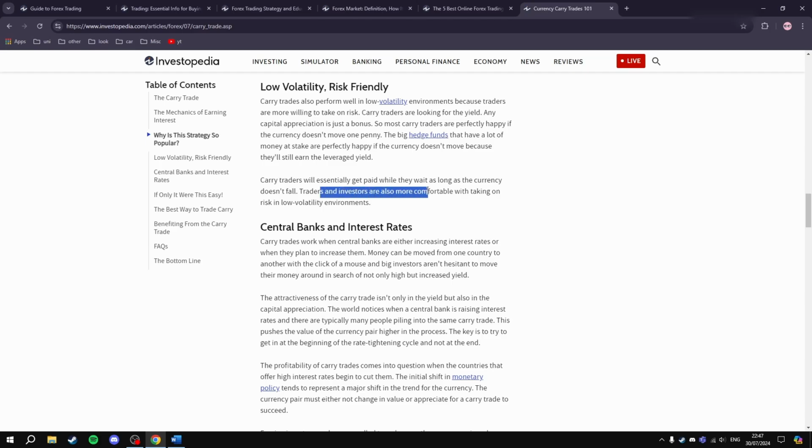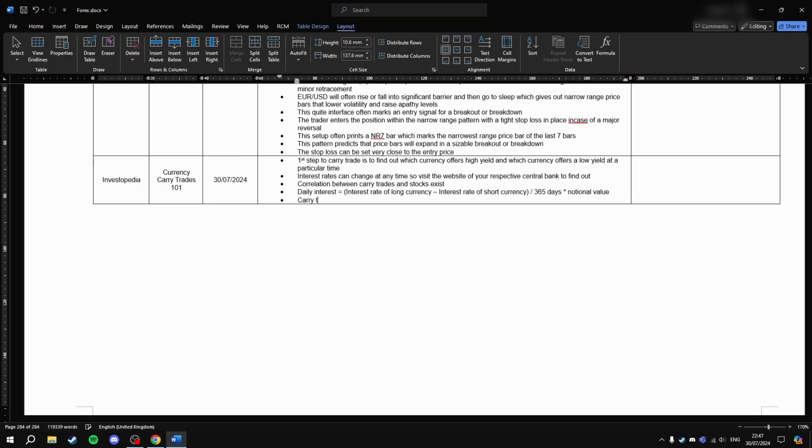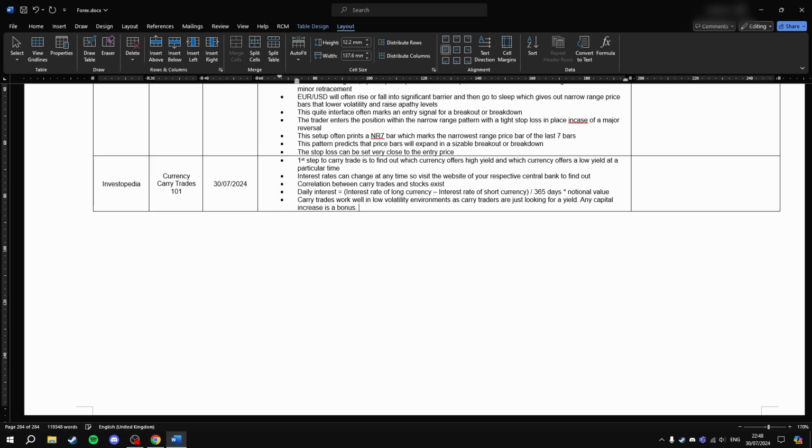Traders and investors are also more comfortable taking on risk in low volatility environments. So carry trades work well in low volatility environments, as carry traders are just looking for a yield. Any capital increase is a bonus.